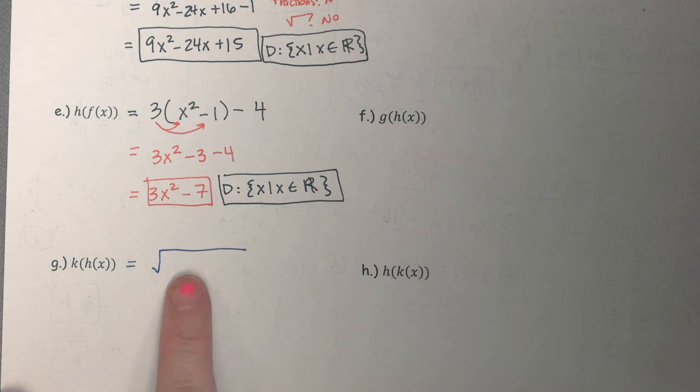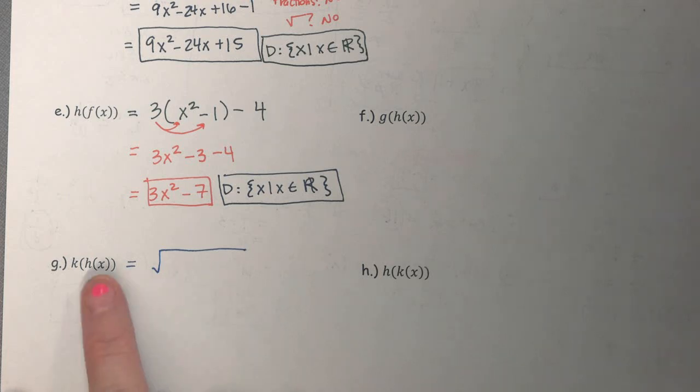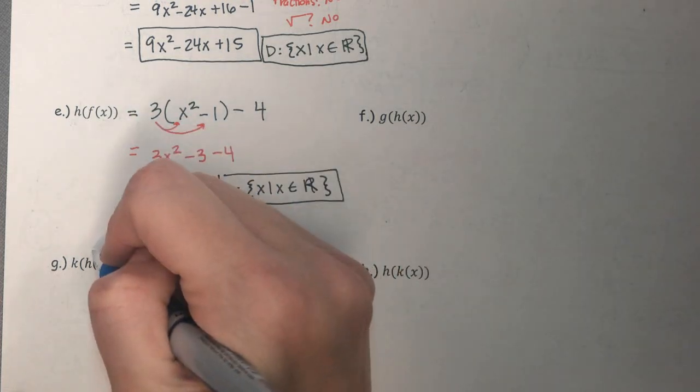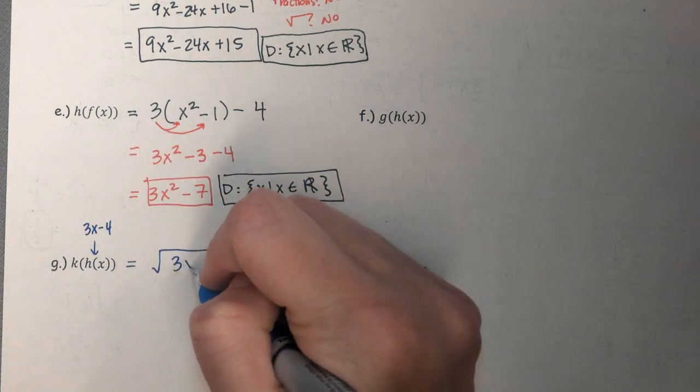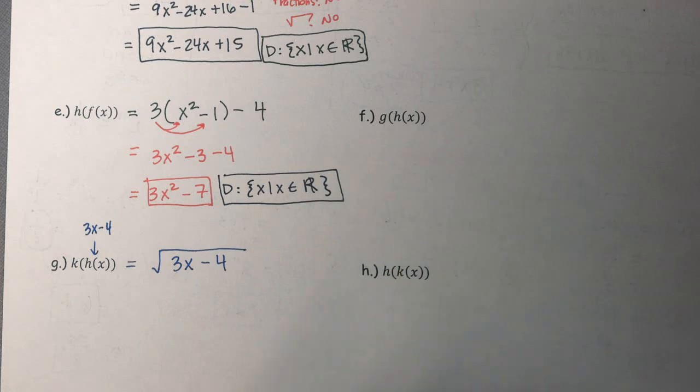You don't have to put parentheses in it if it's just root x, because you're going to plug in the 3x minus 4. Now, this can be tricky the first time because we're so trained for those perfect squares that we want to simplify that, but we can't. You cannot simplify if you have the minus there.